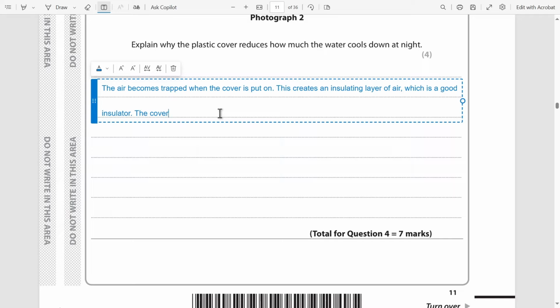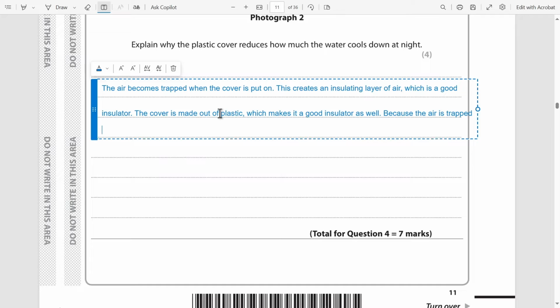The cover is made out of plastic, which makes it a good insulator as well. Because the air is trapped, no convection current can take place.